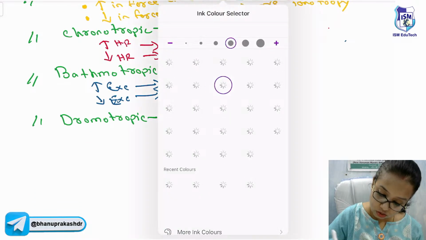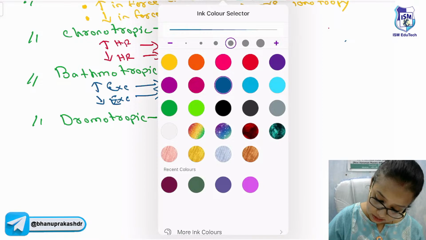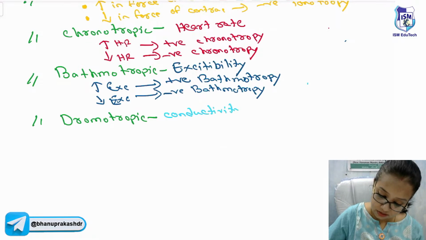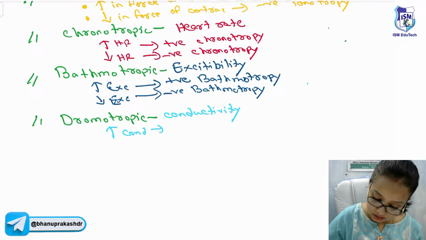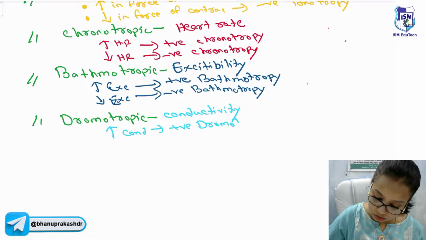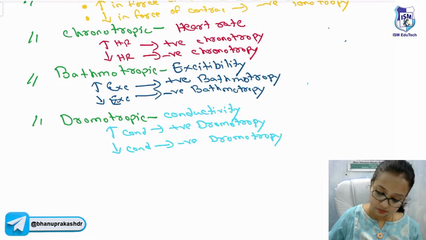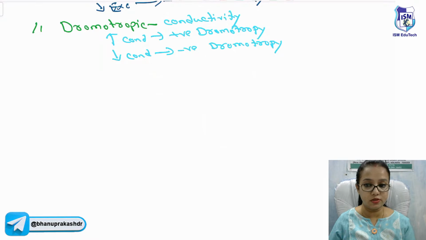Okay. Dromotropy is the conductivity. So, increase in conductivity is called positive dromotropy, and decrease in conductivity is negative dromotropy. These are the terms that we use.